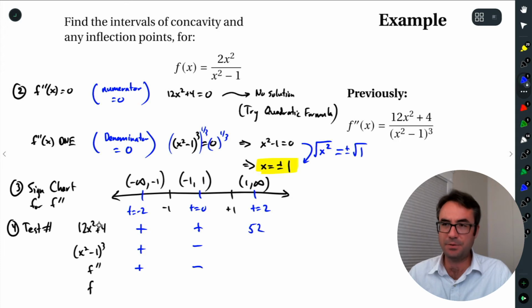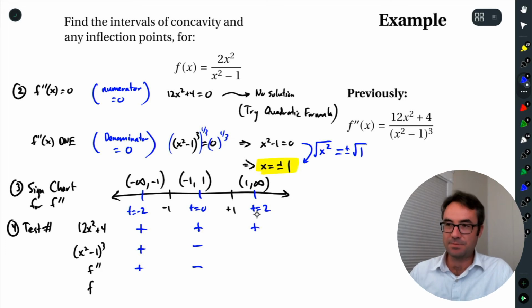Did I say 62 before? I think I meant 52. And we don't care about that number. We just care that it's positive. So the numbers, don't get hung up on the numbers. We're just interested in the sign.